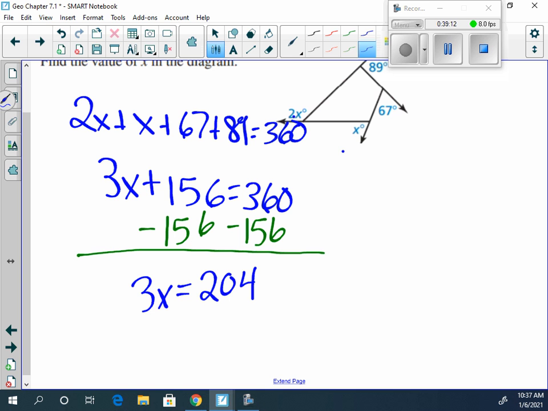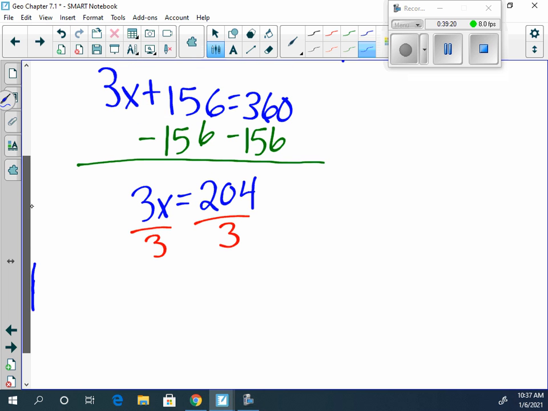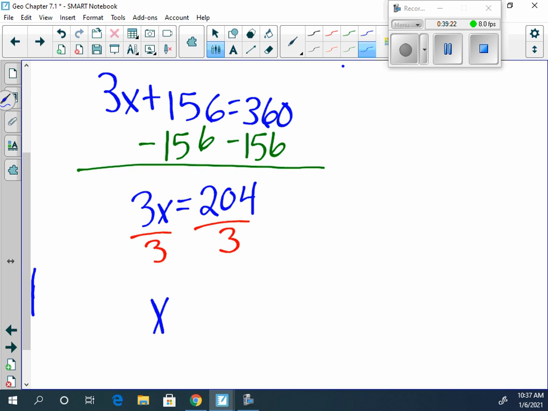All right, and then we would divide it by 3, which would tell us x is equal to 68. Oh, that's nice. And that's the value of x.